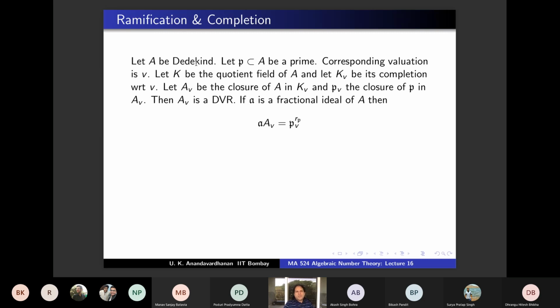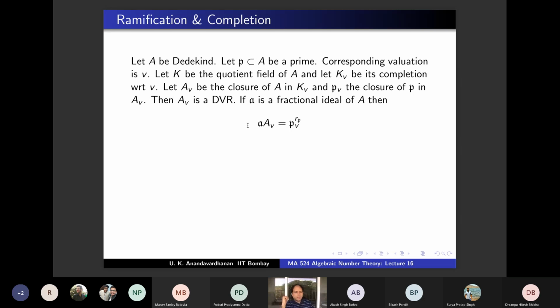So any fractional ideal you can write as a quotient of a product of prime ideals by a product of prime ideals. In other words, you can write it as a finite product of prime ideals where each prime comes with a power which could be positive or negative, or zero, but then I will not write it.